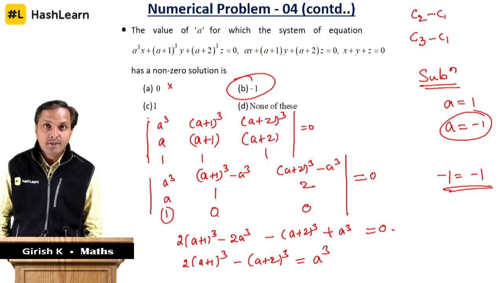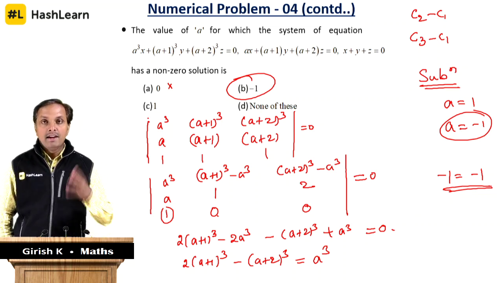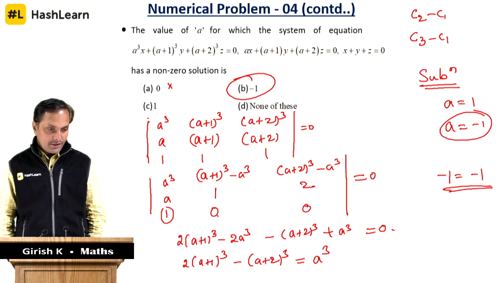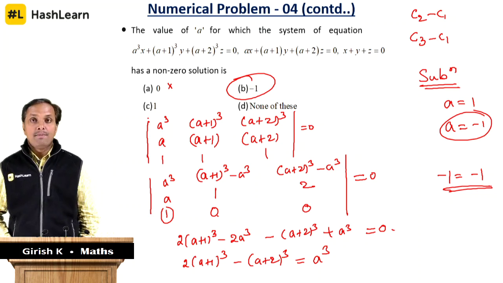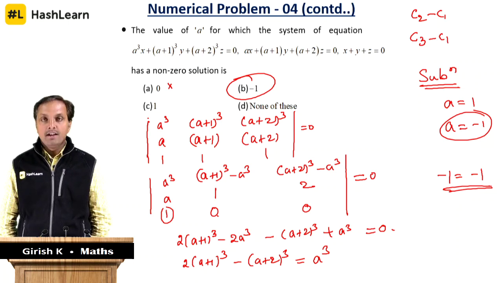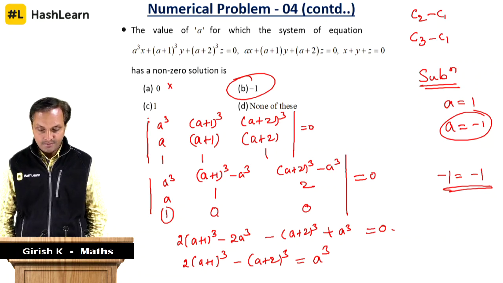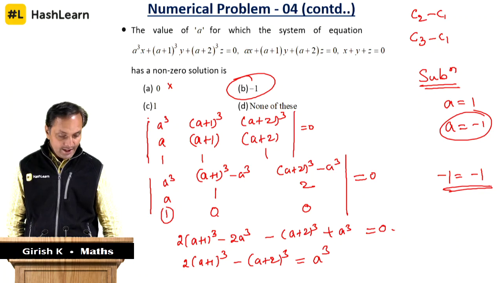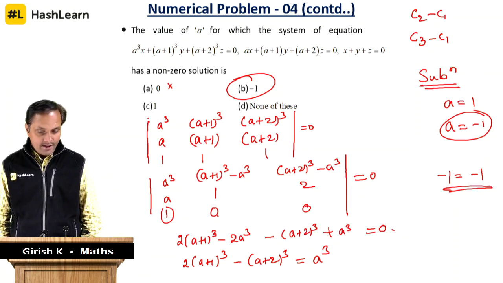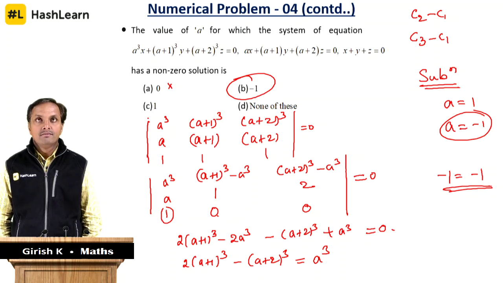When you substitute a is equal to minus 1, LHS is equal to RHS you will get, or determinant becomes 0. So the value of a should be minus 1. So after doing this step, please do the substitution method to get the final answer. Is it clear? Okay, fine then.